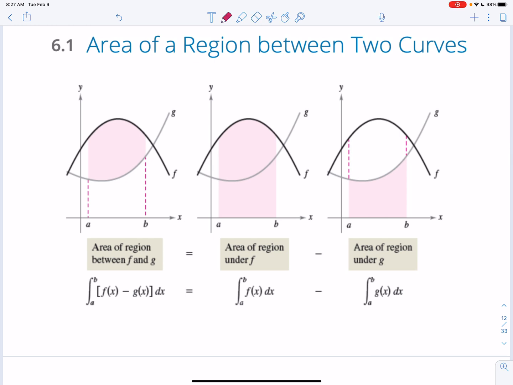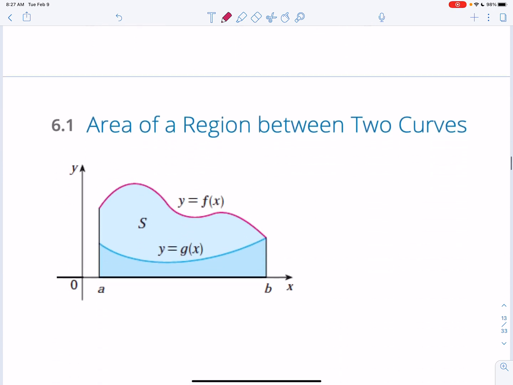To find the area between two curves, all you have to do is find the area of the top curve minus the area of the bottom curve. All right? So make sure you guys understand the logic behind it. Here's another visual. To find the region of S, that would just be the integral from A to B of top minus bottom.